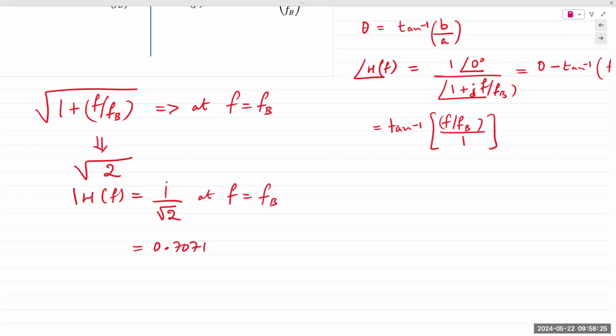Okay. So at 0.707, the magnitude of the transfer function V out drops to 70%. H of f is a ratio of voltages.